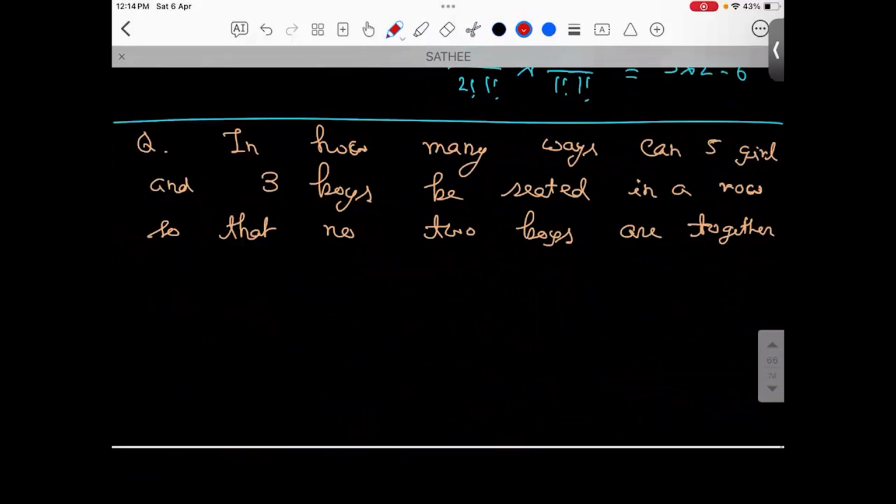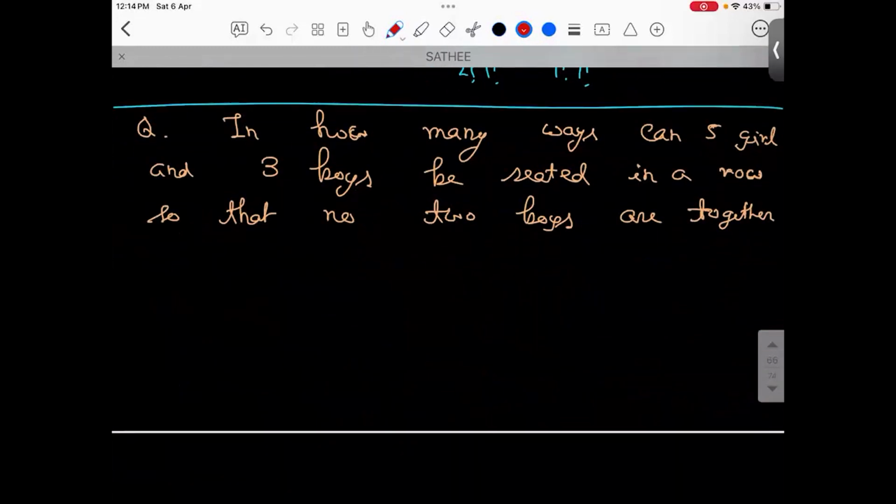So, in how many ways can 5 girls and 3 boys be seated in a row so that no 2 boys are together?